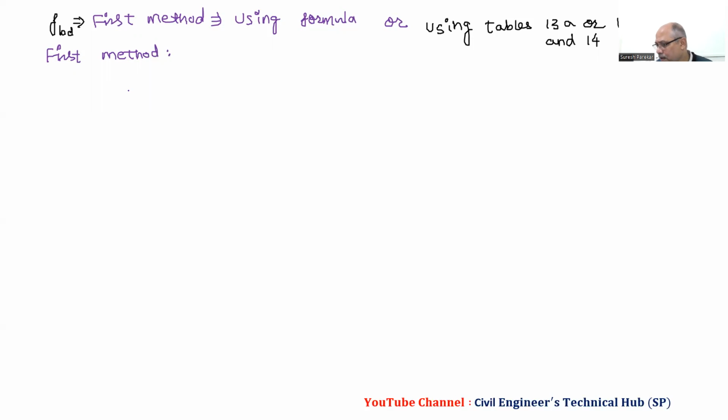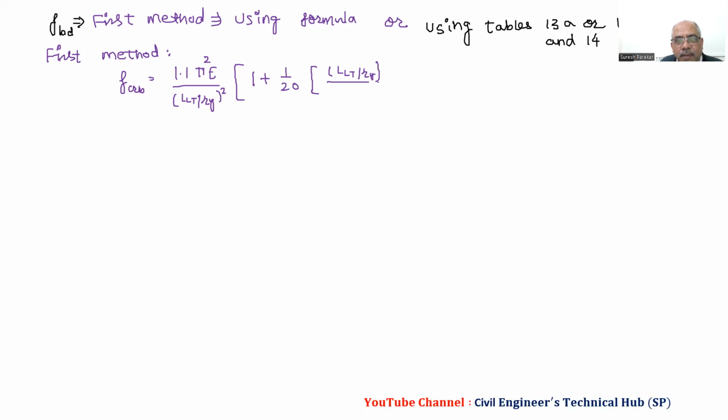Now in this, we have to find FCRB by using the formula 1.1 pi square E divided by, I think this is given on page number 54 only, LLT by RY, LLT by RY whole square in bracket 1 plus 1 by 20 in bracket LLT upon RY divided by HF upon TF, and square of this, and then whole square we have 0.5.